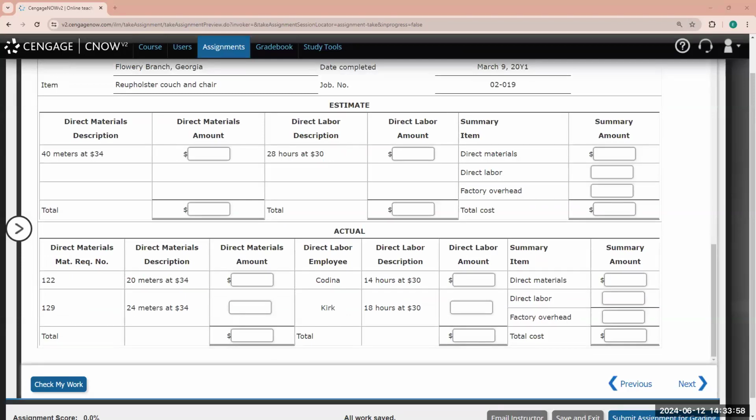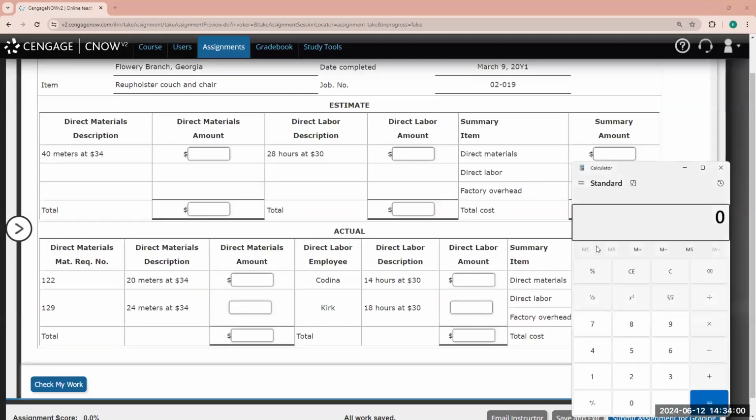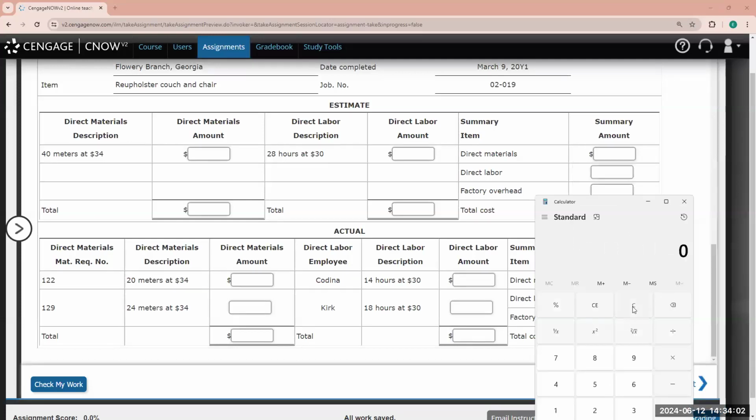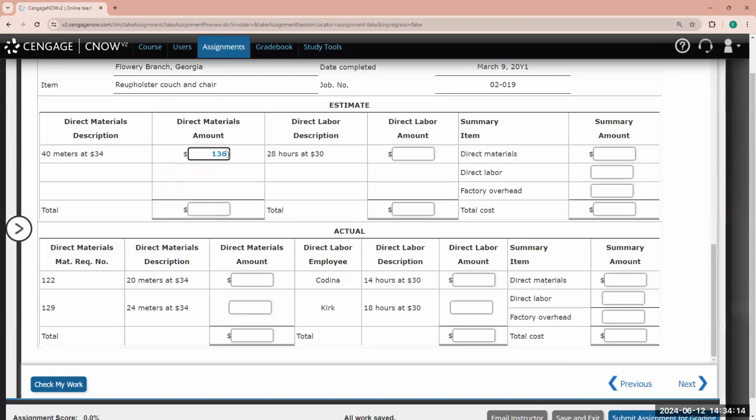So with this problem, we're simply just doing math. In the first part of the problem, here it lets us know that we had direct materials 40 meters at $34 per meter. So therefore, our total direct materials is $1,360 and our total is $1,360.